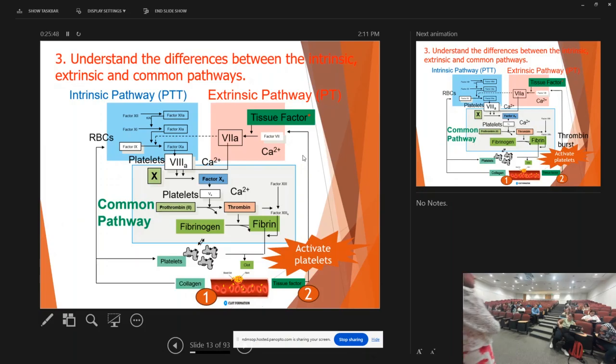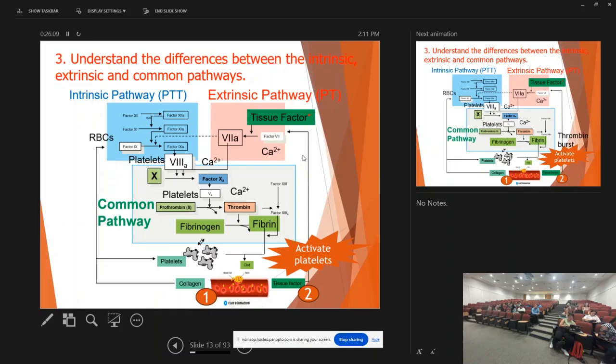The magic is that the thrombus needs to be made, right? In your blood, prothrombin is already existing but not activated. How does it get activated? Through these two converging pathways.